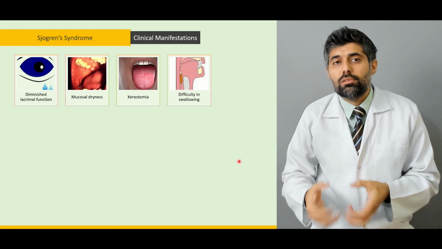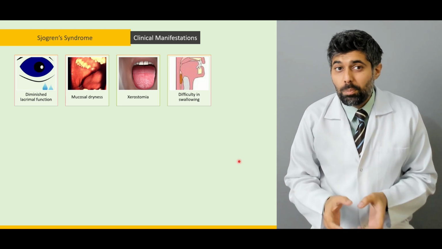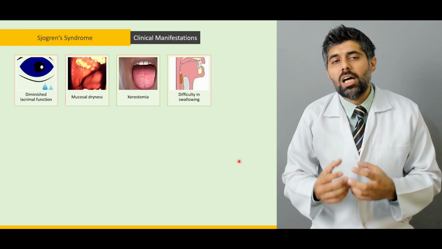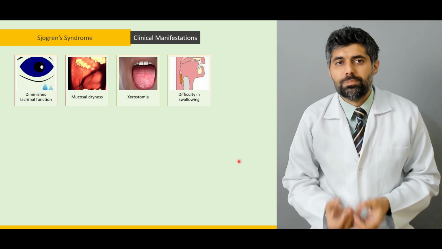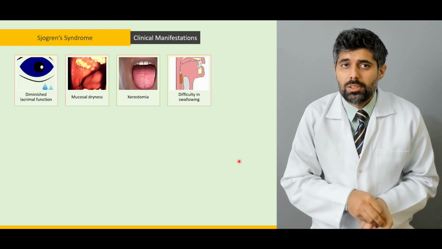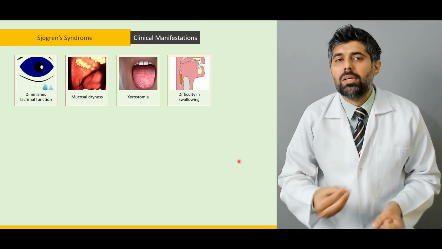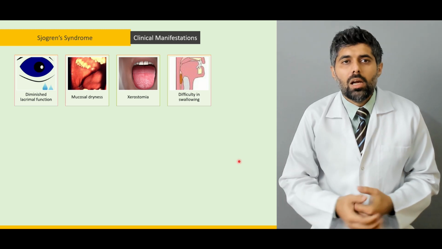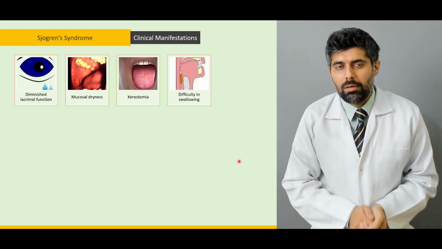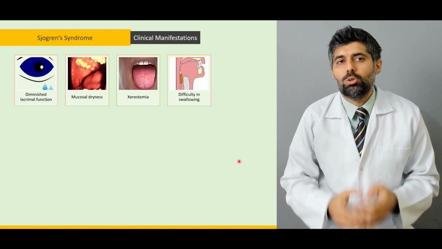And even if it is formed, because there is no lubrication, the patient is unable to swallow the food into the esophagus. And this may result in irritation, pain, and can even result in complete inability to swallow food.